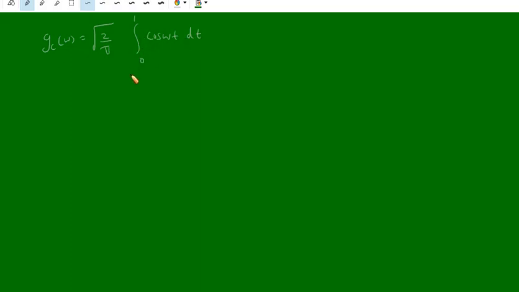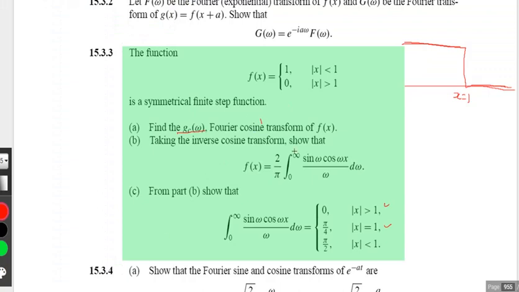Now let us evaluate. So if you evaluate this integral, first we have root 2 by pi sine omega t by omega, and the limit will be from 0 to 1. If we apply the limits, then you will get root 2 by pi sine omega by omega, and this is the first question. First we have to prove this: find the Fourier cosine transform of f of x.